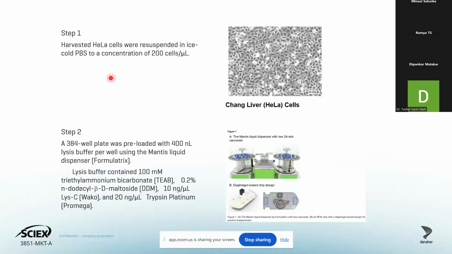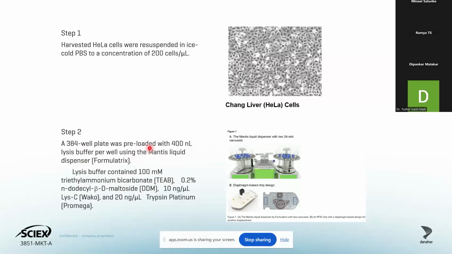This is one of the exercises done in Matthias Mann's lab, at Max Planck. There, what they showed is HeLa cells collected in PBS, phosphate buffer saline, with 200 cells per microliter, and then loaded in a 384-well plate with a preloaded 400 nanoliter of lysis buffer.